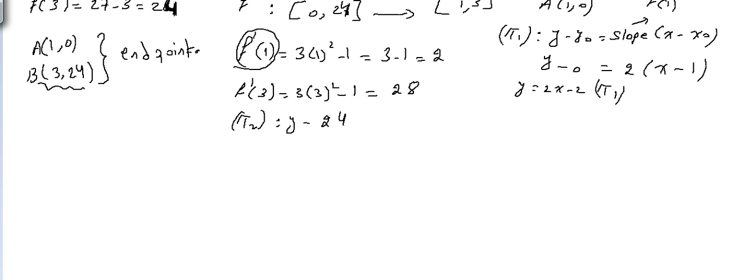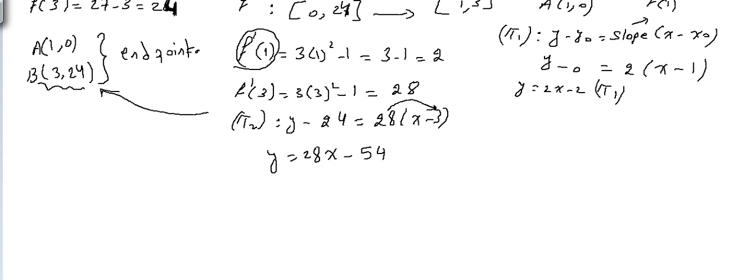I'm finding the tangent at point B, equal to 28 into x minus 3. So y equals 28x minus 28 times 3 plus 24. I guess it will be minus 54. Okay, you can check if it is true, if it is wrong, you correct it. All right.